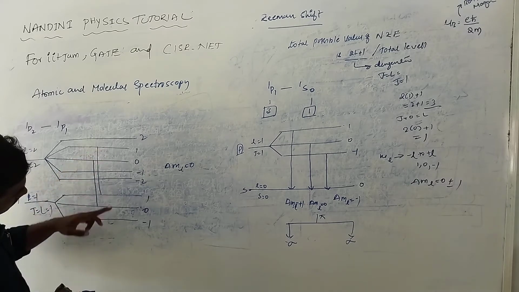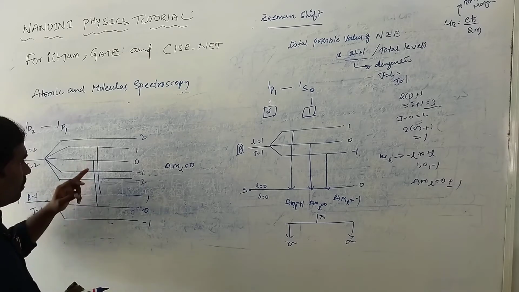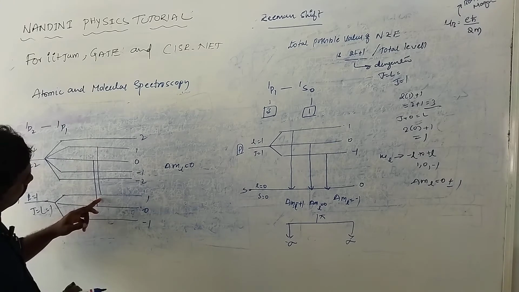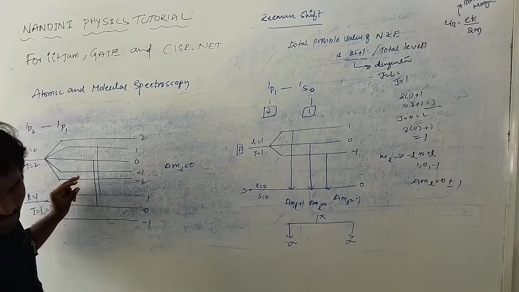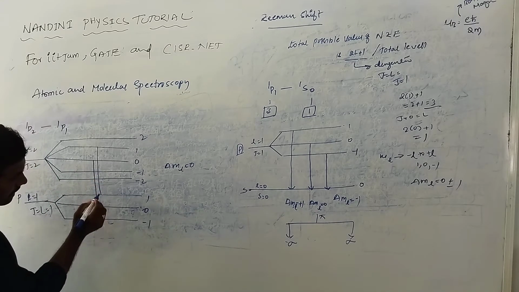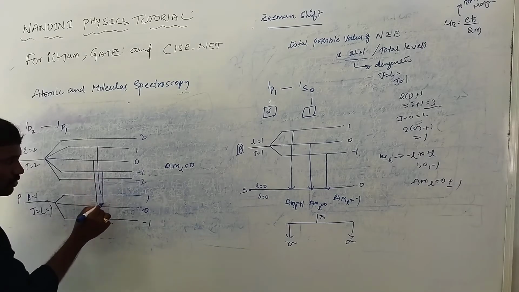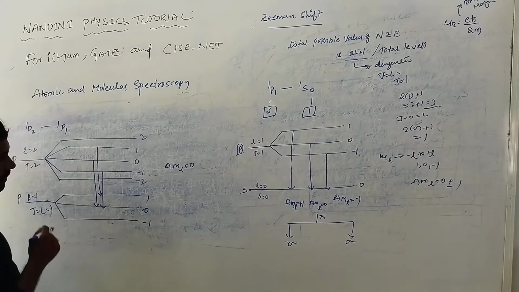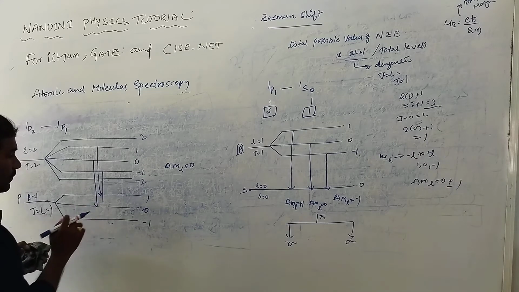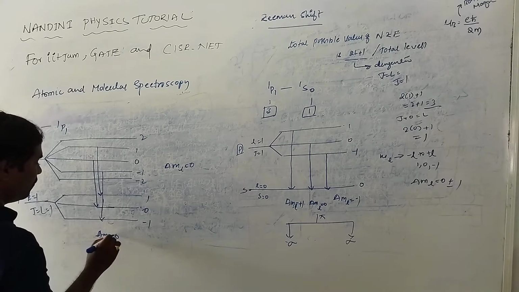Minus 1 to minus 1 possible, 0 to 0 possible, 1 to 1 possible, only 3 values, and the remaining will be minus 1 to plus 1 possible here also. So this is the delta ML is equal to 0 case.